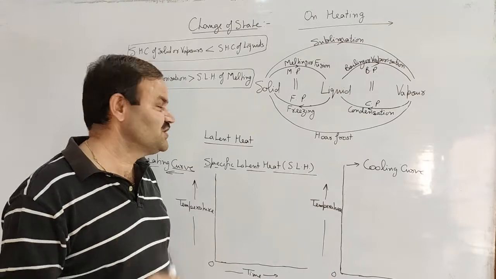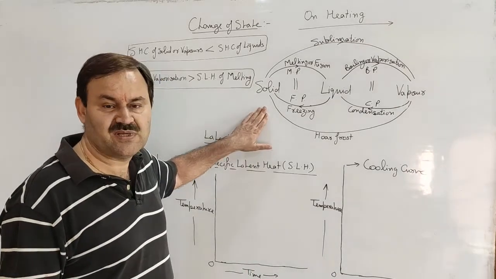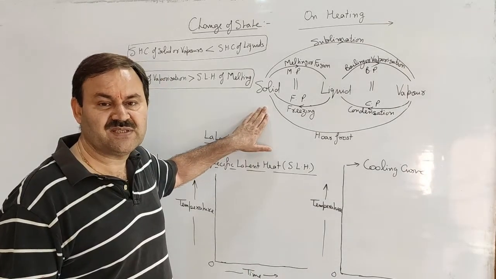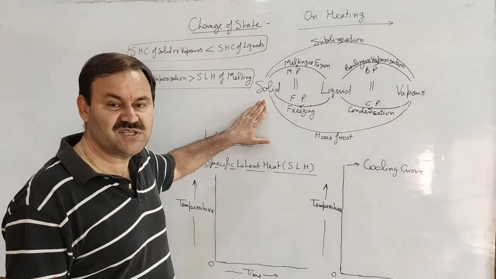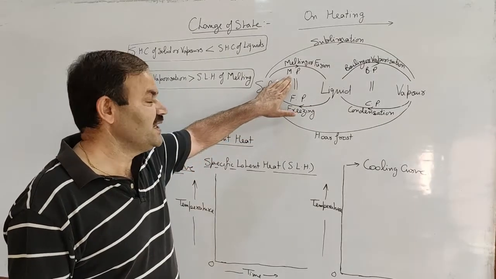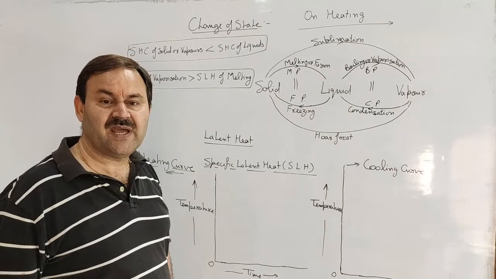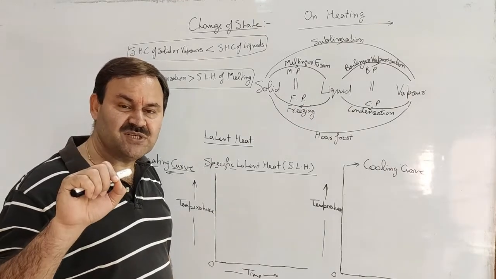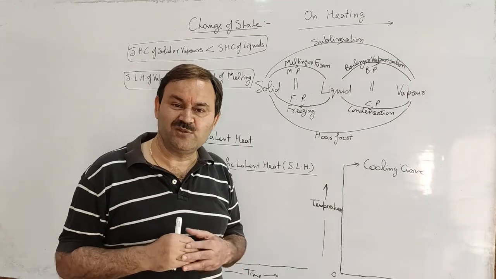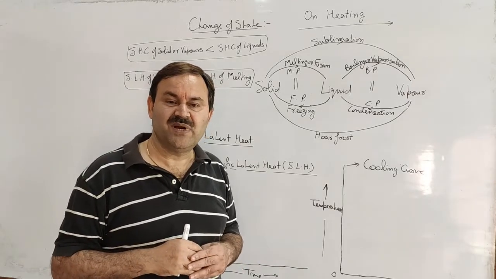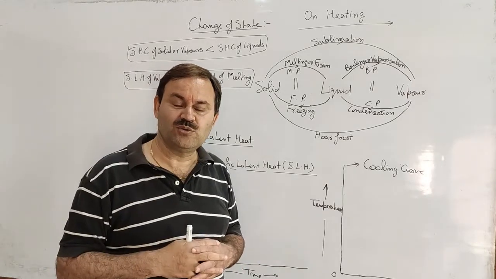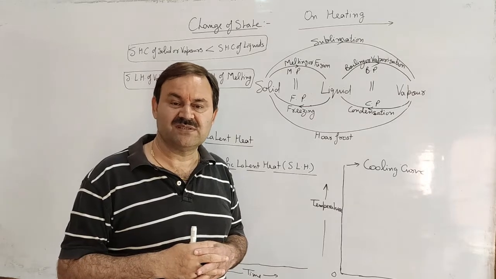And in that condition, temperature of solid will become constant, and that temperature will be the melting point or fusion point of solid. At that temperature, heat will be supplied to the solid, but there will be no rise in its temperature.